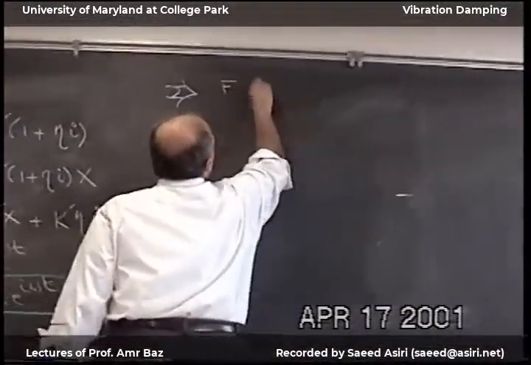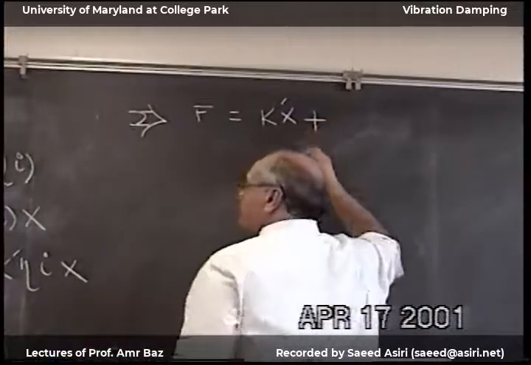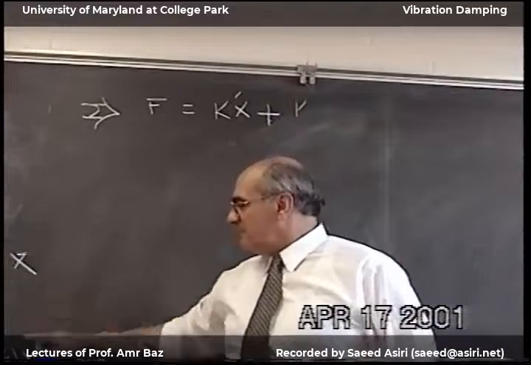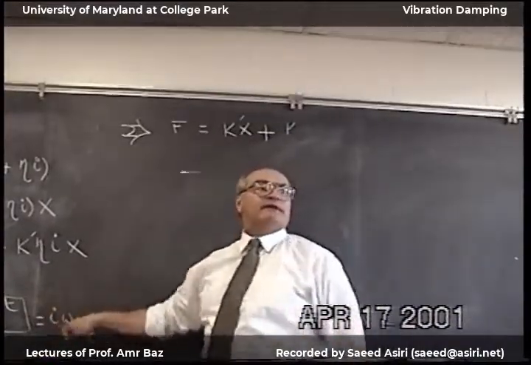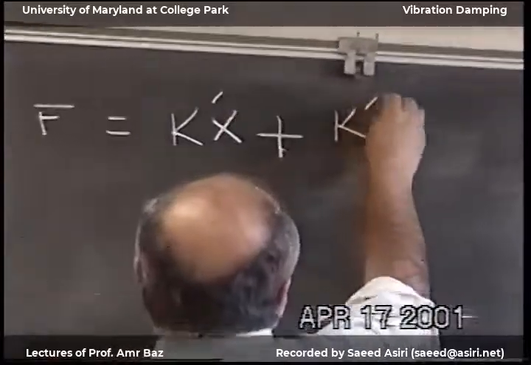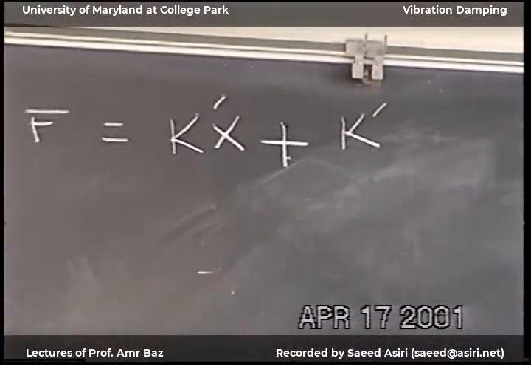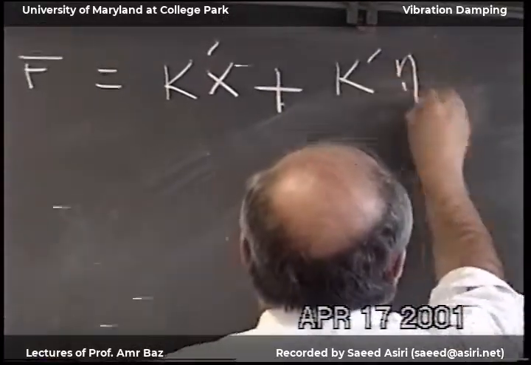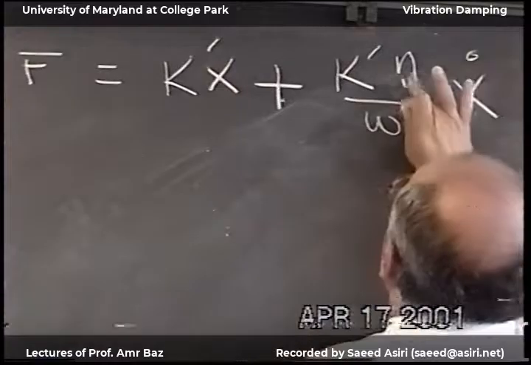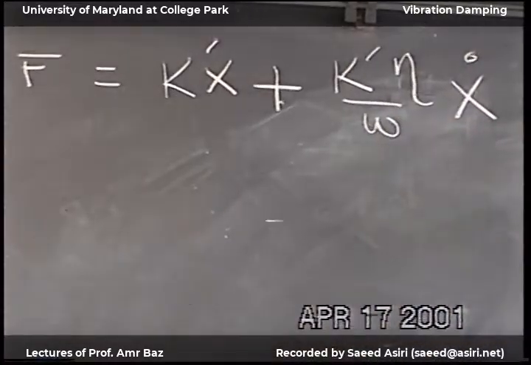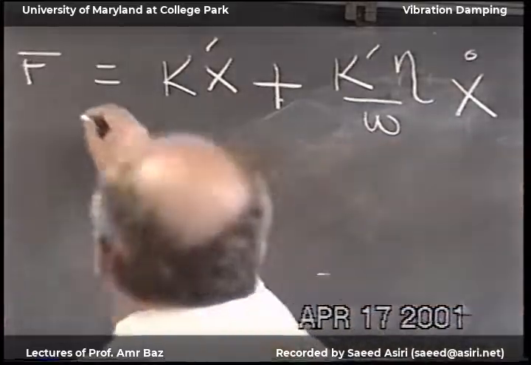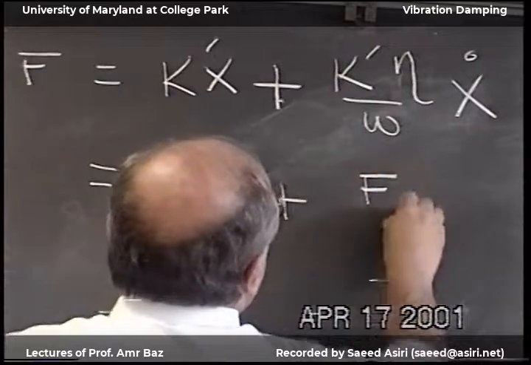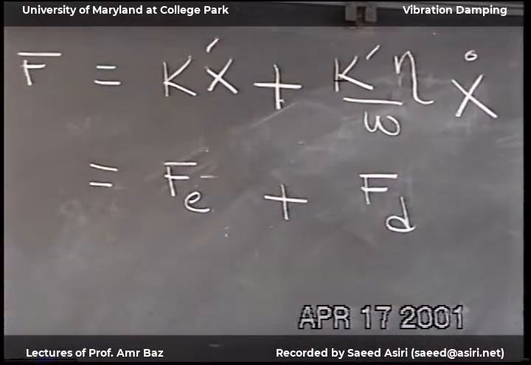F is equal to k prime x plus, and I'll replace i x by x dot over omega, x dot. Now we have here the force made of two components, force elastic plus force damping.